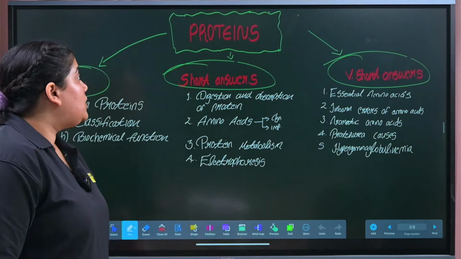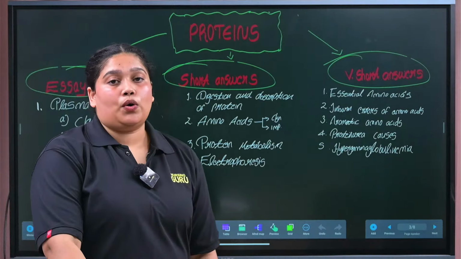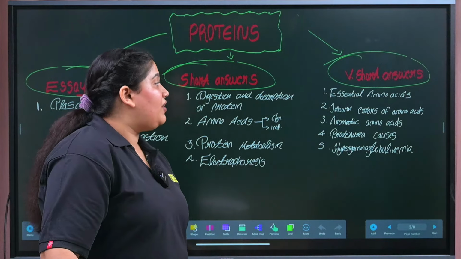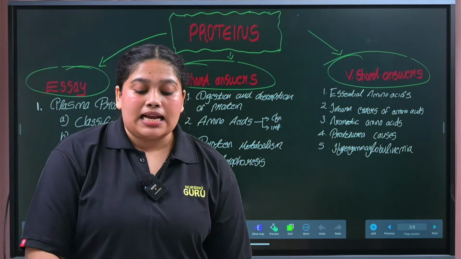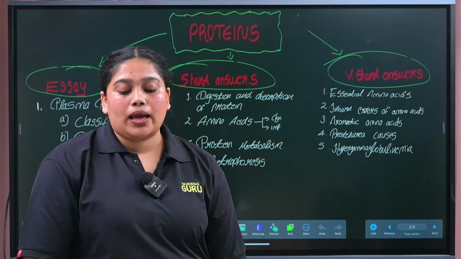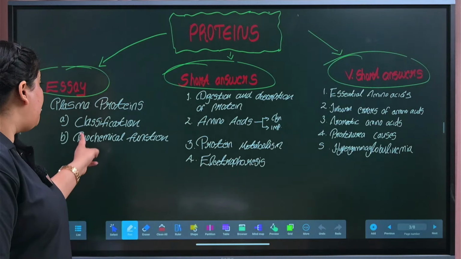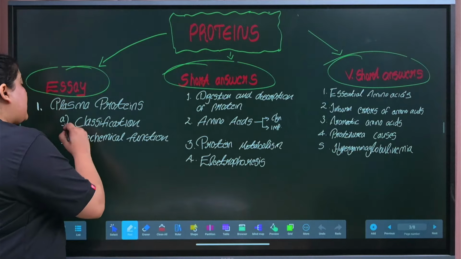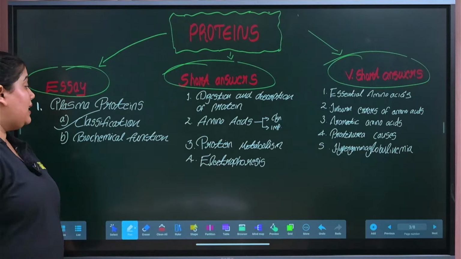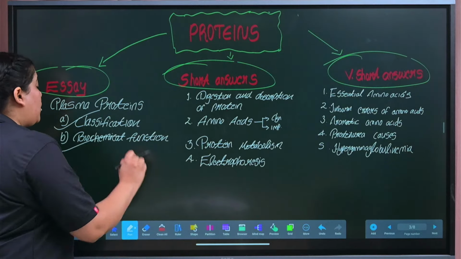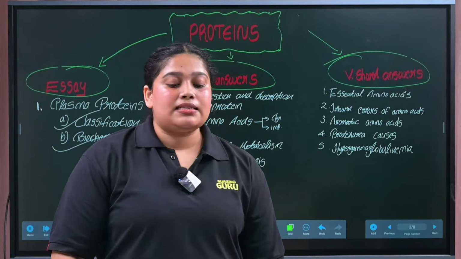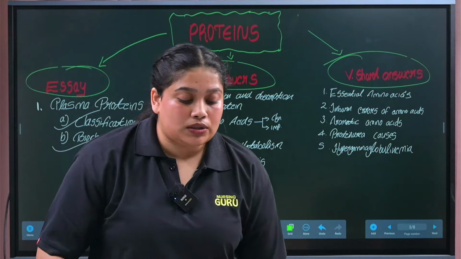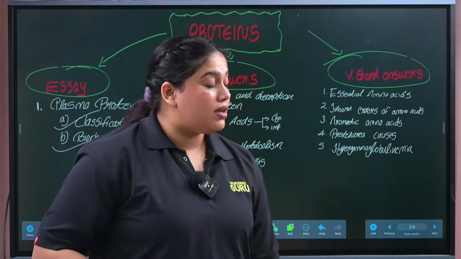We'll move on to the third unit, that is protein. From this unit we can expect one essay question, that is classification and biochemical functions of plasma protein. So first we have to classify plasma protein, then we have to write the biochemical functions.